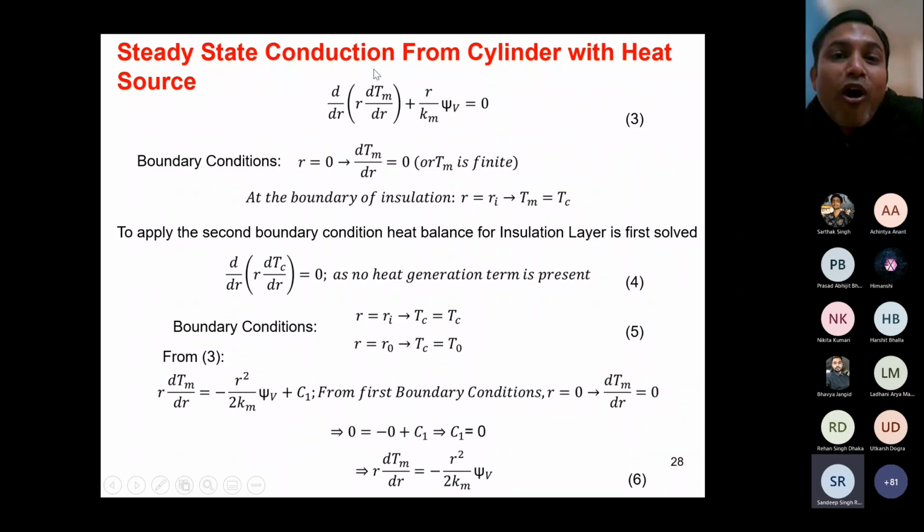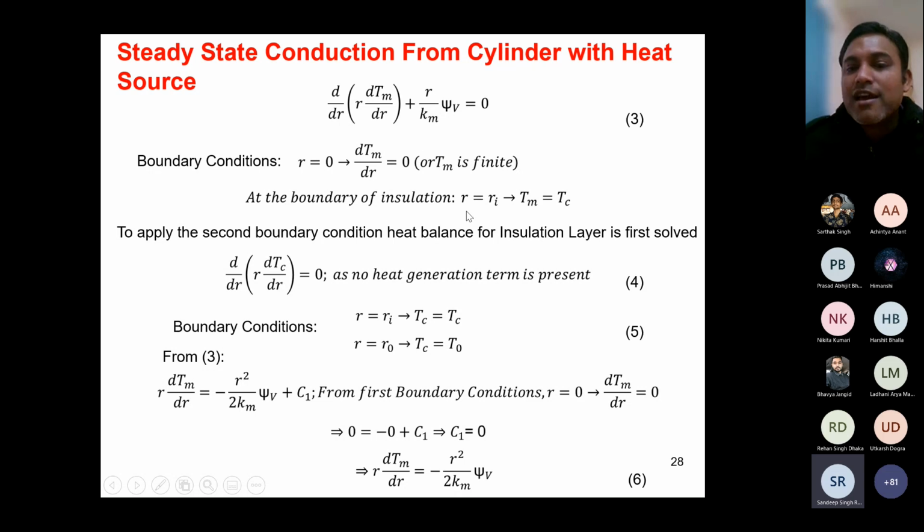Now again we will follow the same model equation. Unlike the original case we have looked at where the insulation was there, in this problem there is no insulation. So this equation again we have to solve for a modified boundary condition. What will be the modified boundary condition? At r equals to 0, dTm by dr equals to 0, this first boundary condition is going to be there.